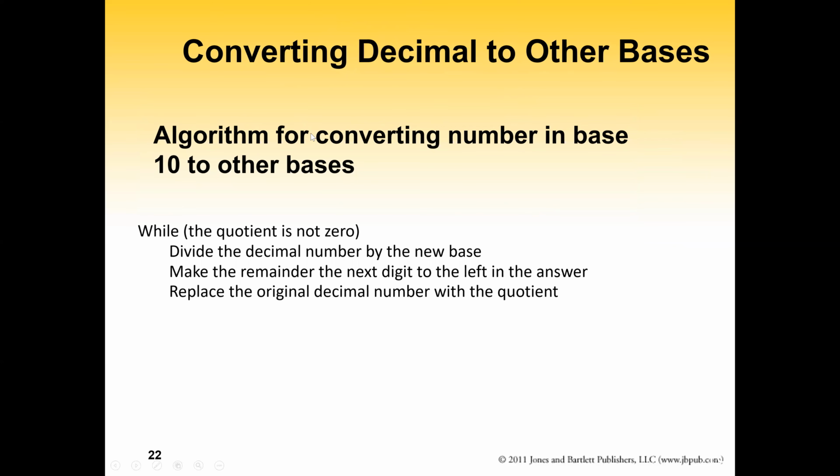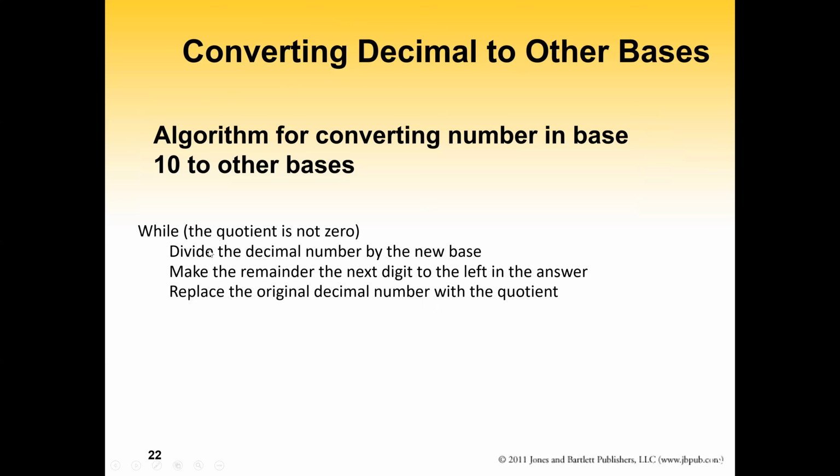So these are the algorithms for converting a number in base 10 to other bases. Now, base 10 means I'm converting decimal to hexadecimal. So in our question, converting hexadecimal to decimal, we do multiplication with the base, but converting decimal to hexadecimal, we do division.